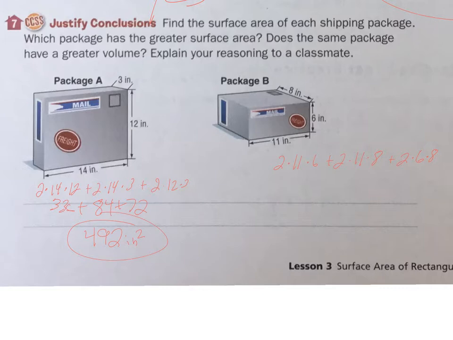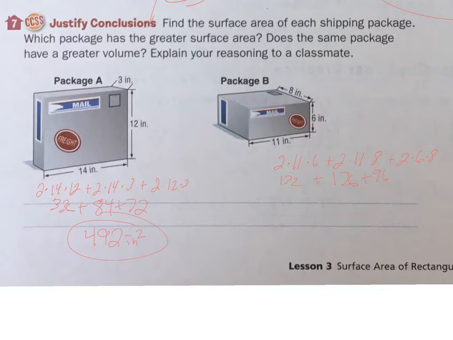2 times 11 times 6 equals 132, plus 2 times 11 times 8 equals 176. 2 times 6 times 8 equals 96.